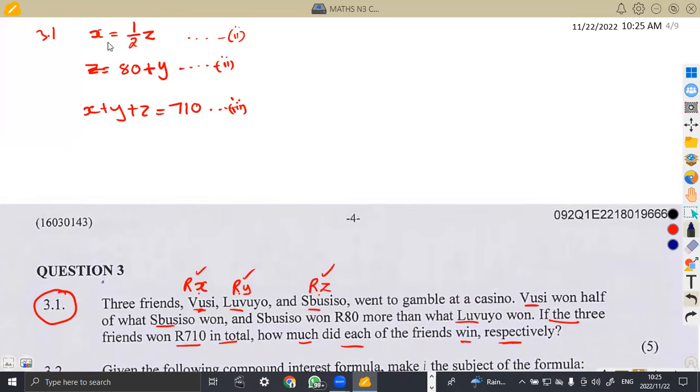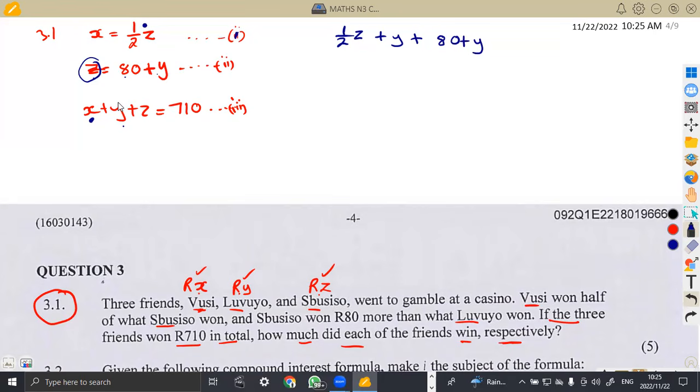Equation 1, we are given that X here is half of Z. So I can substitute equation 1 here in place of X: X is half Z. That means half of Z plus Y plus Z. Here, we are told that Z is 80 plus Y. So Z is 80 plus Y, like that.